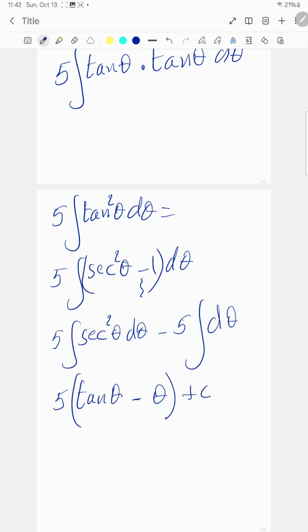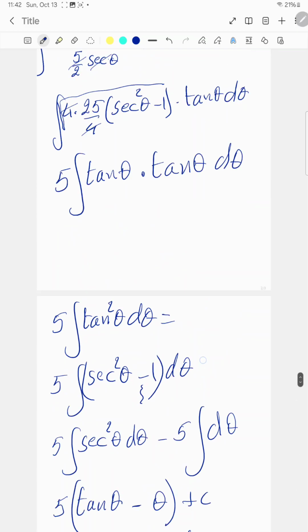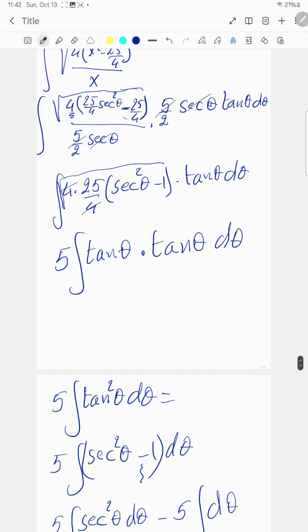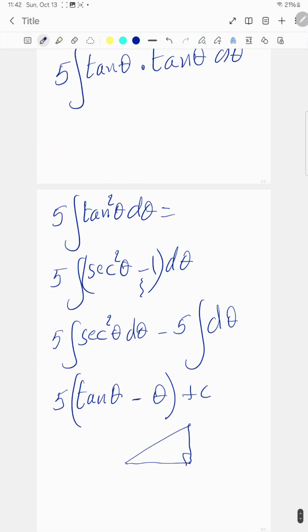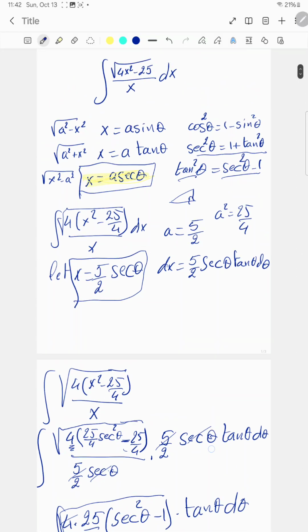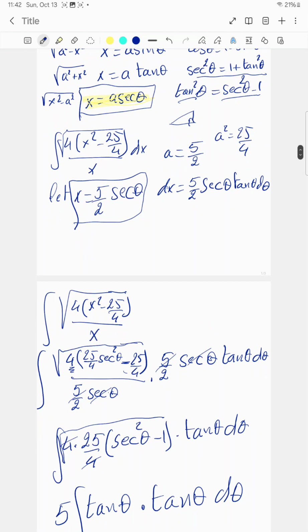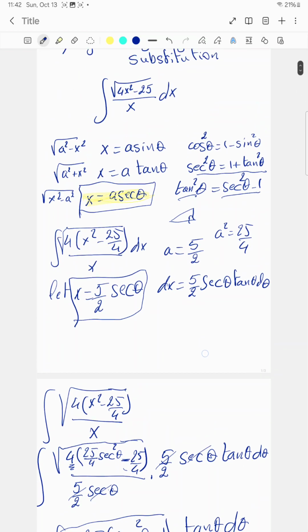Now I have to draw my famous triangle, and I will remind you that we took x equal to a sec of theta. Let's write it down here. We took x equal to, where my a was 5 over 2.